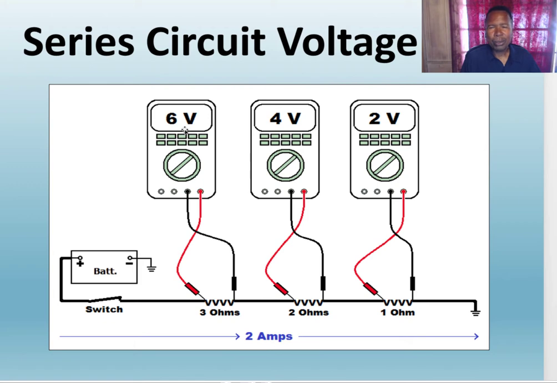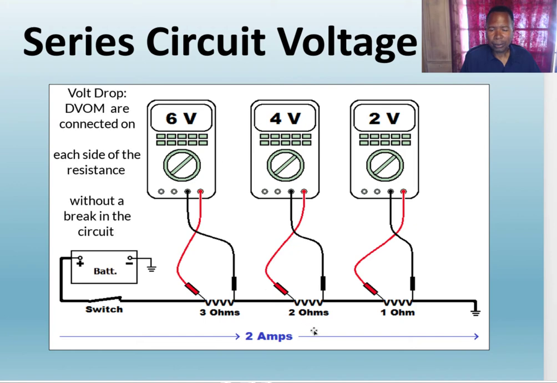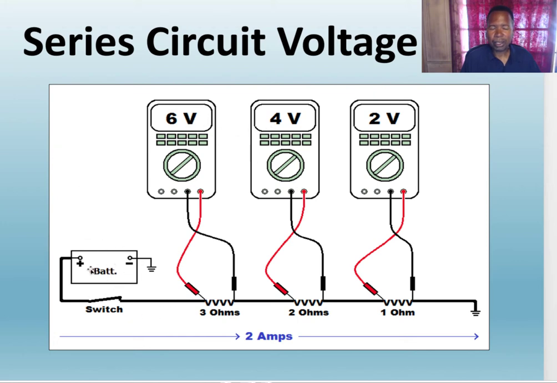When you hear the word drop, think about it used up 6 volts to push the current through it. On this one, remember the same amperage, 2 amps times 2 ohms, 4 volts. 2 amps times 1 ohm, 2 volts drop. You add them together, 6, 10, 12. Assuming a 12 volt battery, it dropped all 12 volts.